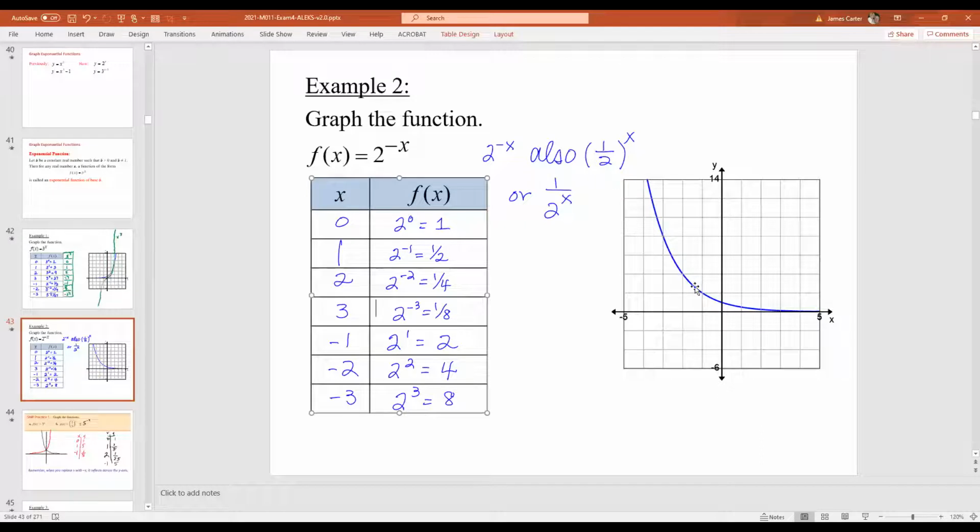It happens the same way because the graph of 2 to the x would go this way. So 2 to the negative x flips across the y-axis and is decreasing. This ties in with the idea on lines. If you have a negative x, the line goes downwards. Well, this is decreasing. If you had a positive x, the line goes upwards. So that's still consistent.